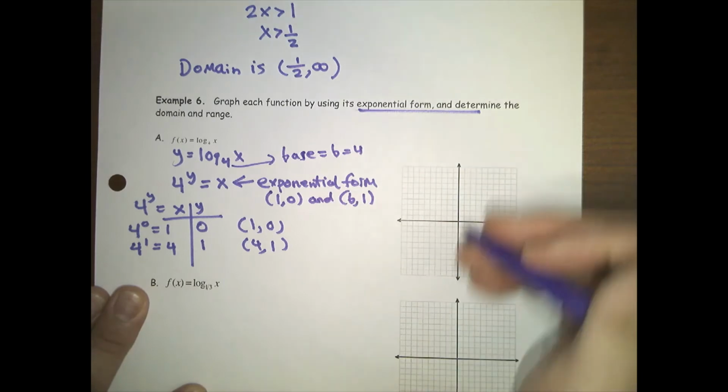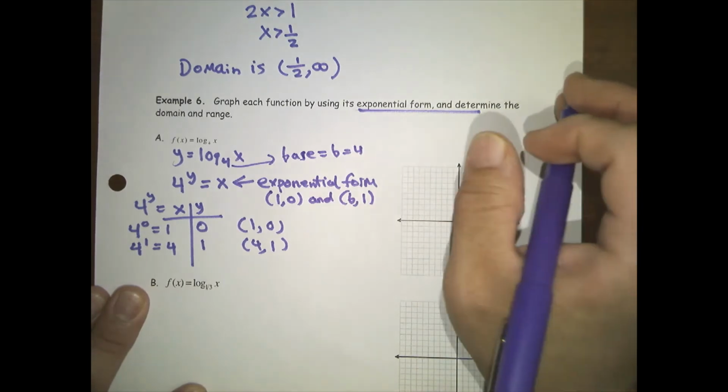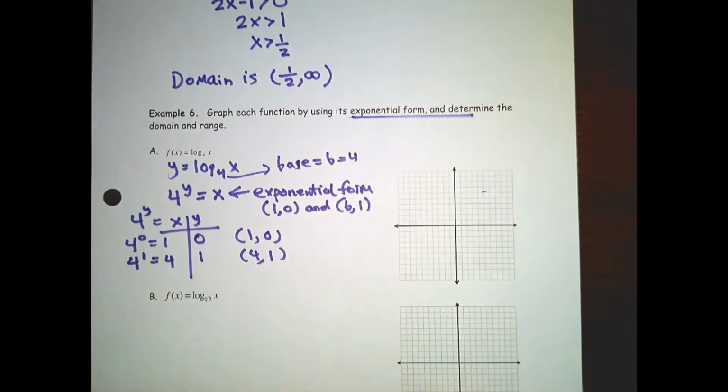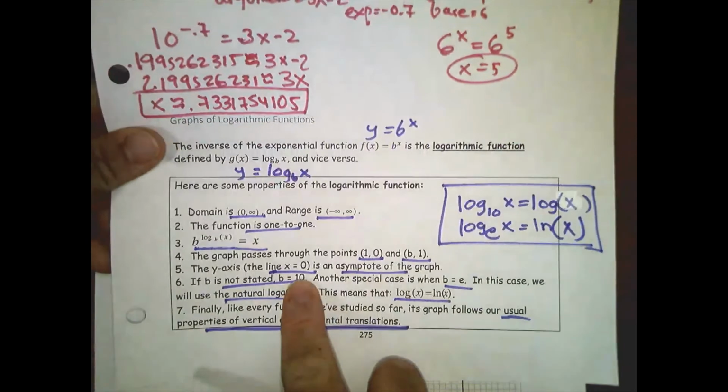Now, remember that there is an asymptote at x equals 0.